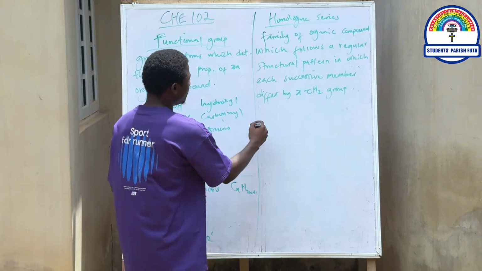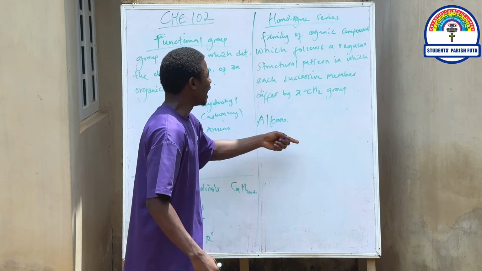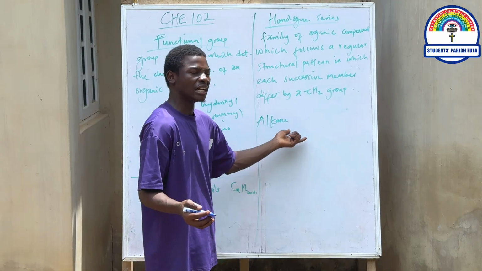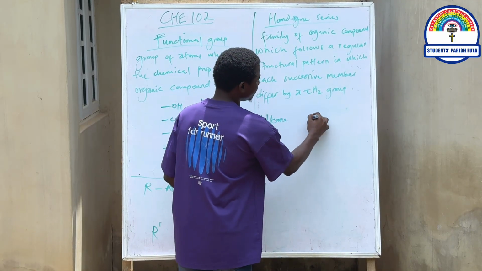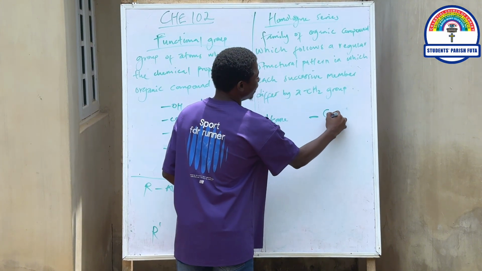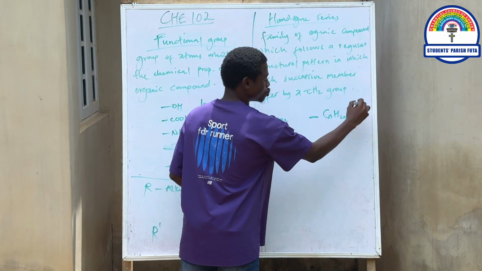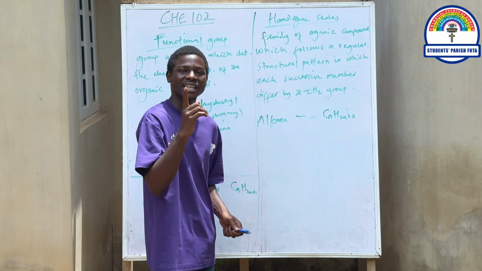So let's pick the families. For instance, a family we have is the alkane. And what is this family known for? They are not doctors, they are not pilots in their own family. What they are known for is a single bond. A single bond is what exists. And in that family, they have CnH2n+2. So they have just single bonds, and each successive member differs by a CH2 group.